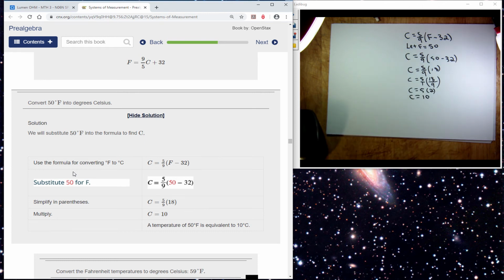And so we see that C is equal to 10. It's all multiplication here, so I just moved it.